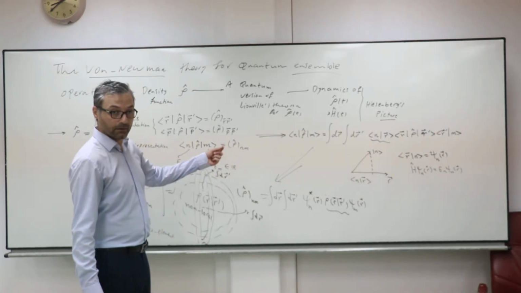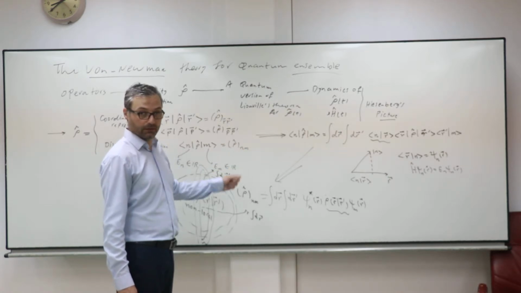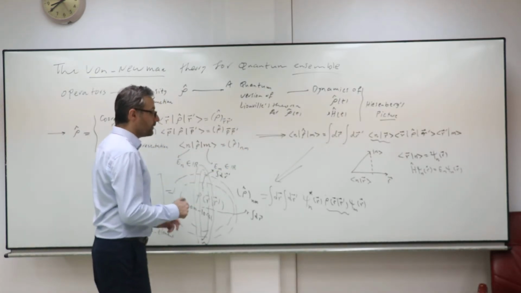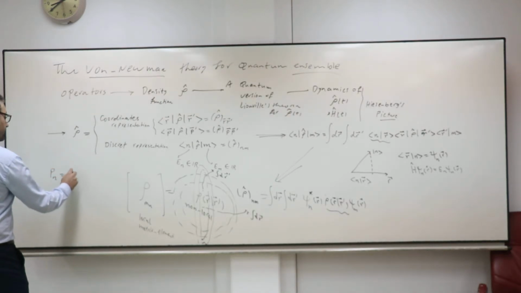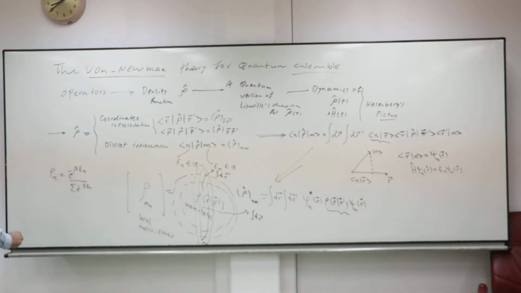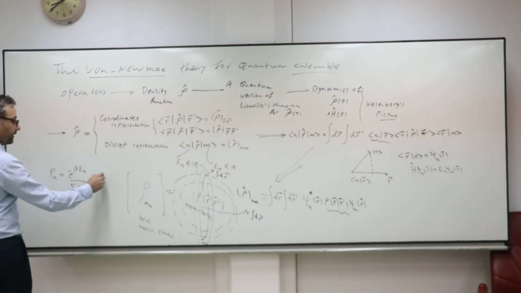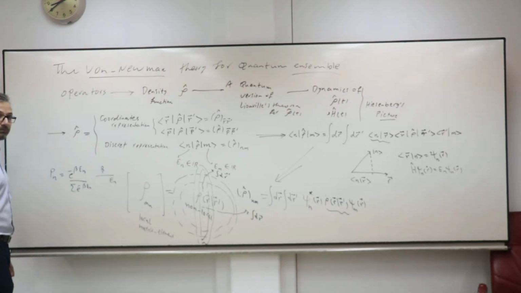The Boltzmann equation, exponential of minus beta E_n. How do you interpret that equation? The interpretation of this equation, sigma of e to the minus beta E_n, is the probability of finding the system at the energy level E_n when the temperature is fixed at beta.